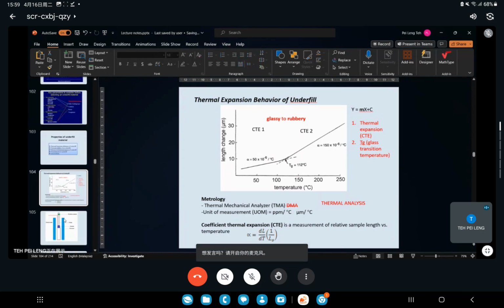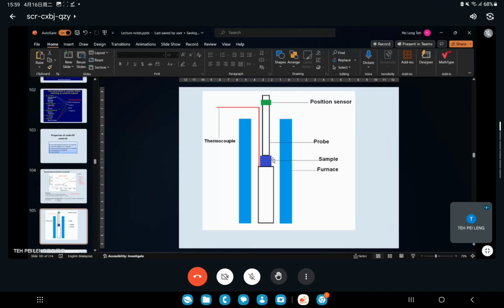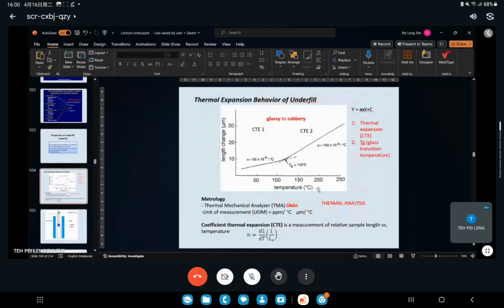Okay, so maybe I explain to you how the machine looks like, how the machine functions. Okay, basically this is your sample. For example, your sample is rectangular. So actually it's in a closed chamber. Why closed chamber? Because you need temperature, just like DSC.